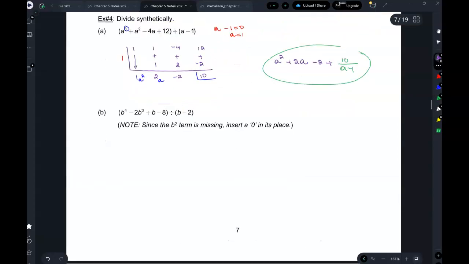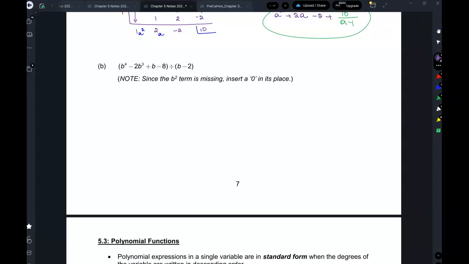Okay, all right, last one. We're going to do a little plot twist for the last one. Take a look here. Remember how I've been saying, look to see all the exponents are there in decreasing order. So look, I have b to the 4, 3, 2 is missing. Oh my God, 1 and 0. Since the b squared term is missing, we have to put a 0 in its place.